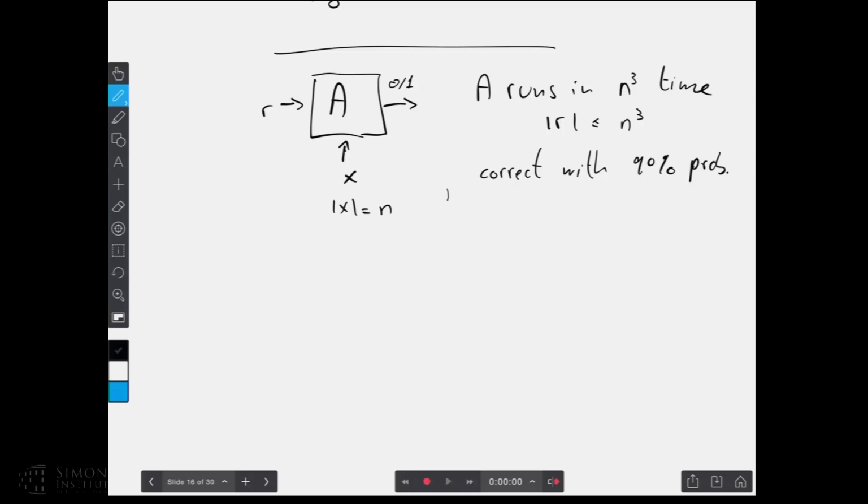So that's how you would do that in exponential time. But now suppose you had that great, excellent type of pseudo-random generator that I postulated before.